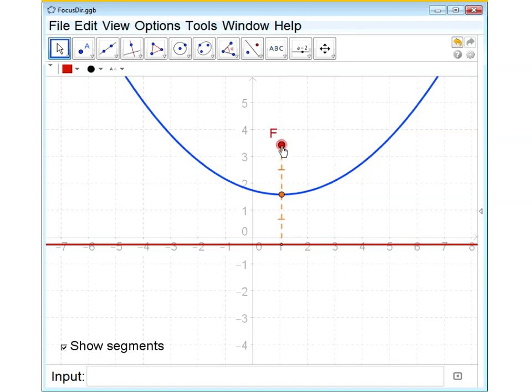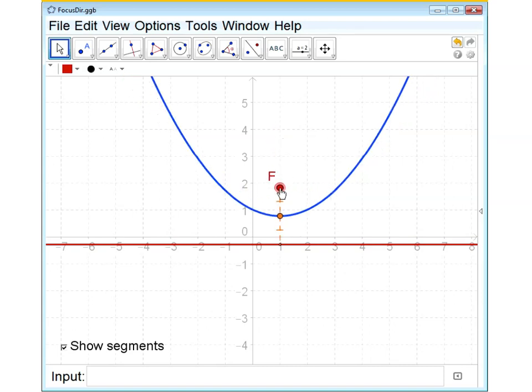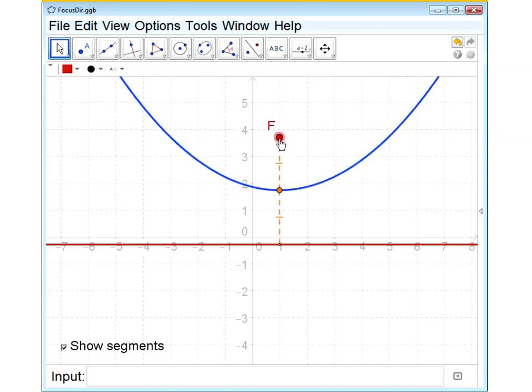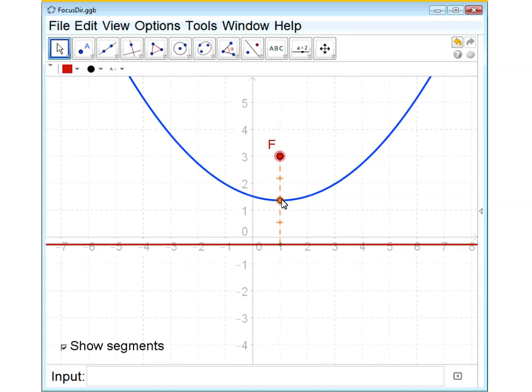And that equal distance is what changes the shape, because at this spot it may not look like it makes much of a difference, but I can take this point that right now is on the vertex and I can move it to any point on the parabola. And no matter where I move it, this distance will equal this distance.